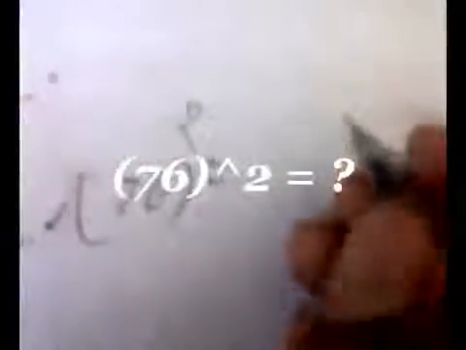Let's take another example, 76 square. Now 76 is how much away from 100? It's 24, correct? And we will subtract 24 from 76, we get 52, the first two digits of our answer. Now again, what is the difference between 76 and 100?